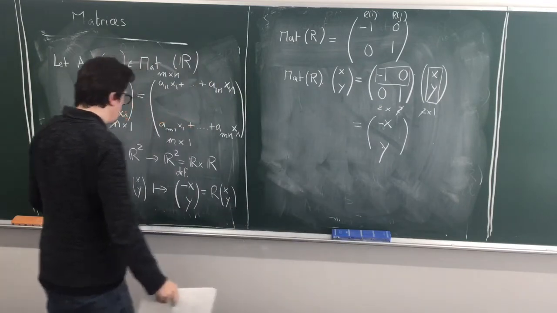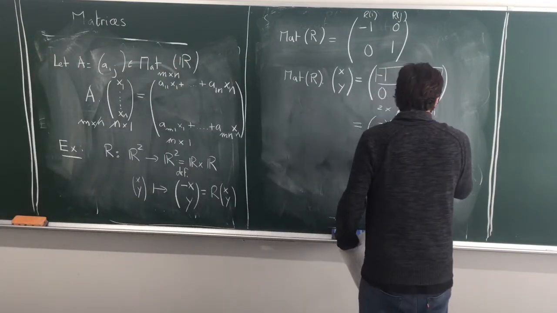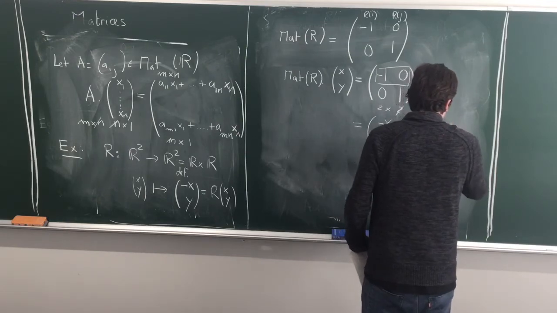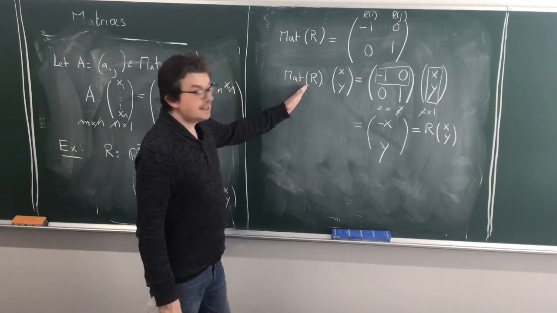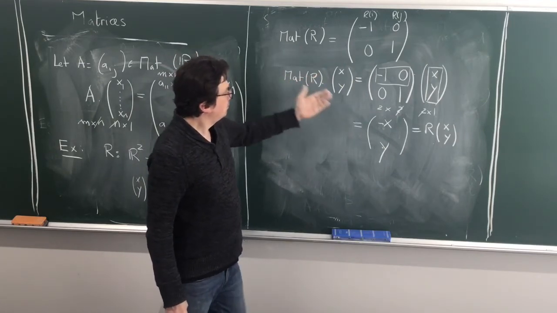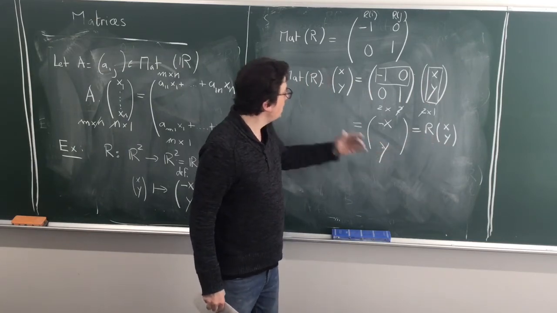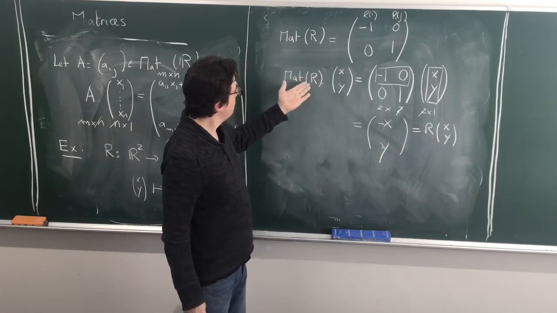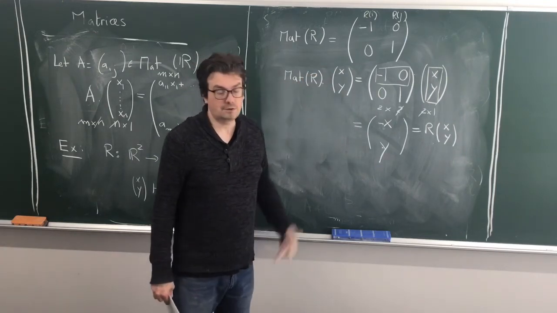Okay, what do you observe? You observe that this function, R of x, y, is completely expressed by this matrix, because the value R of x, y is (-x, y), and it's exactly the multiplication of the matrix associated to R by the column vector x, y.